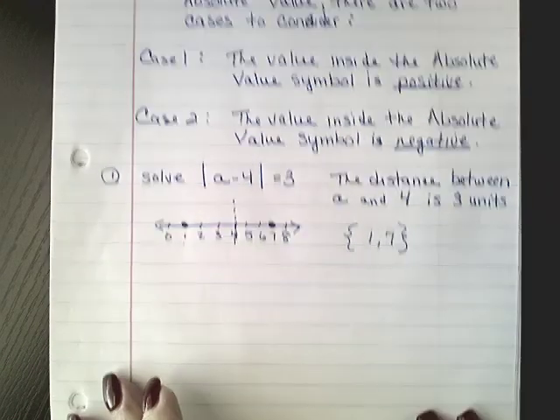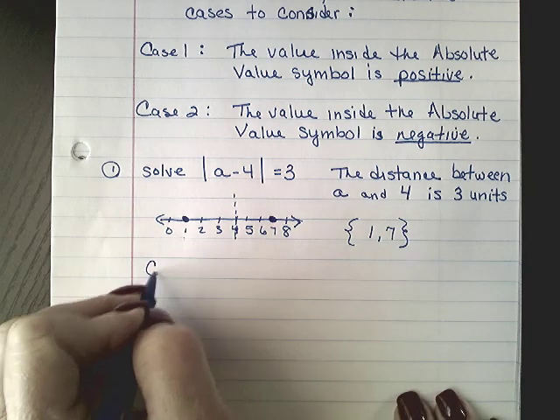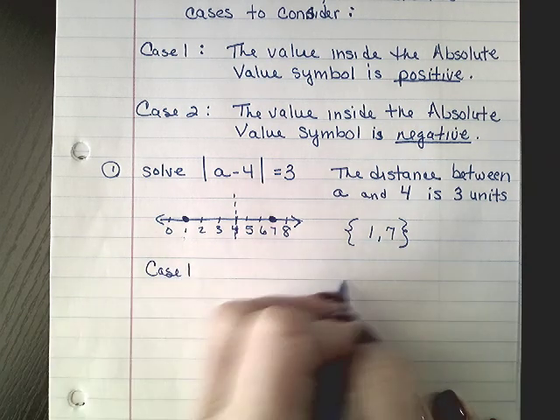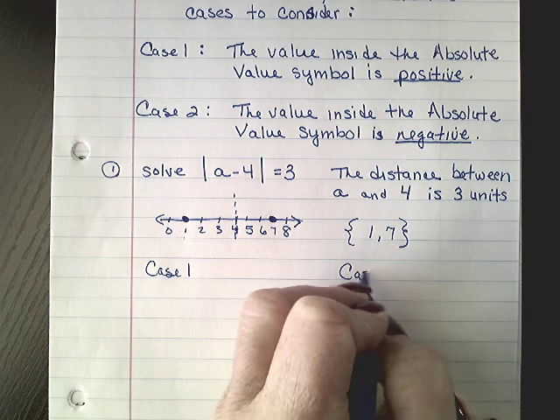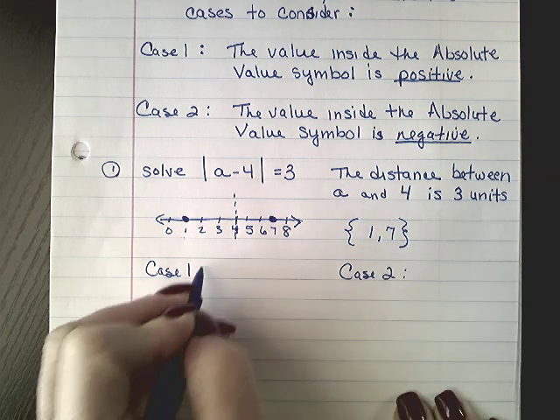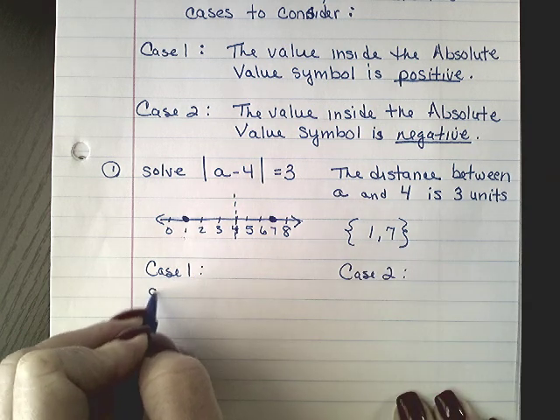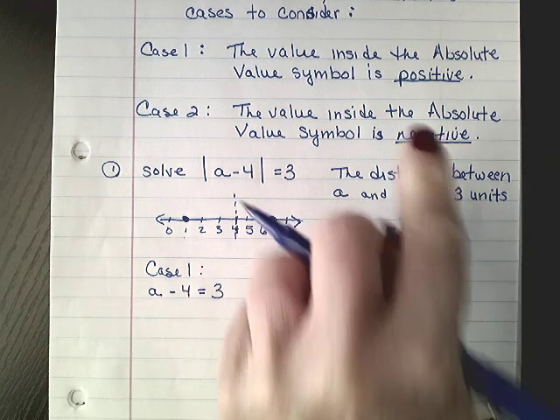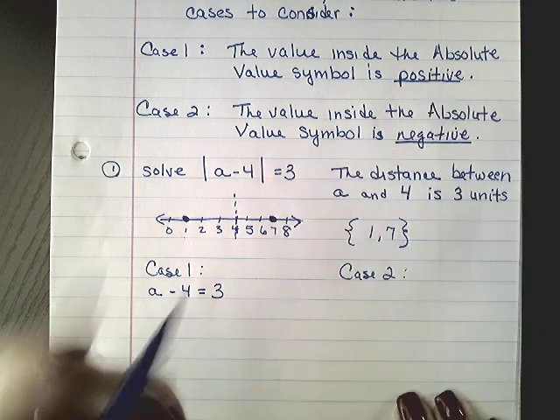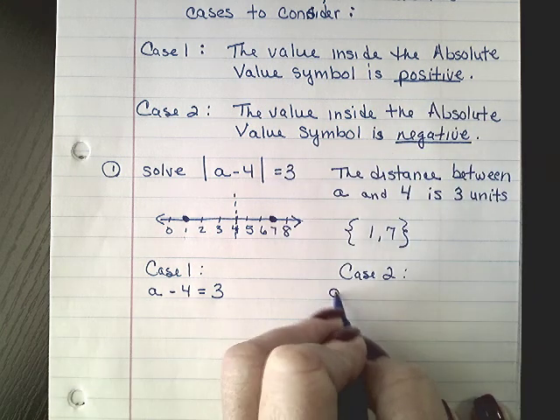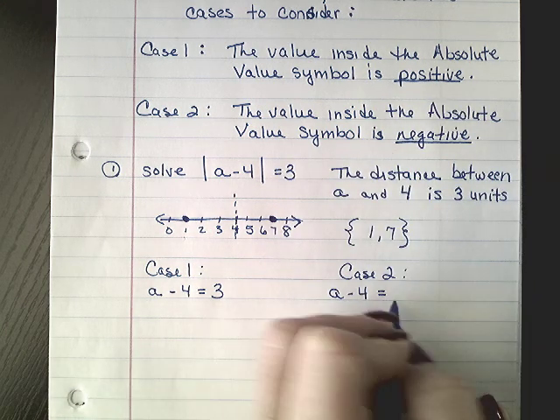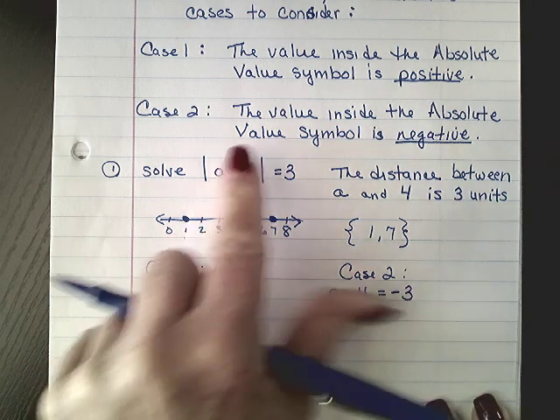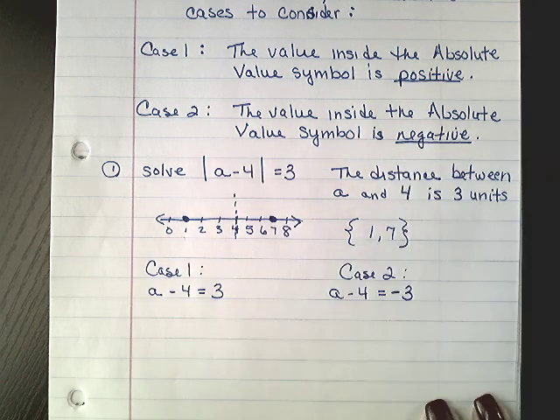Now the other way we can solve it is by using those case 1 and case 2. So if case 1, then we take the absolute value symbol off and we say a minus 4 is equal to 3, positive 3. That was our first case. Case 2, a minus 4 is equal to negative 3. That was our second case.